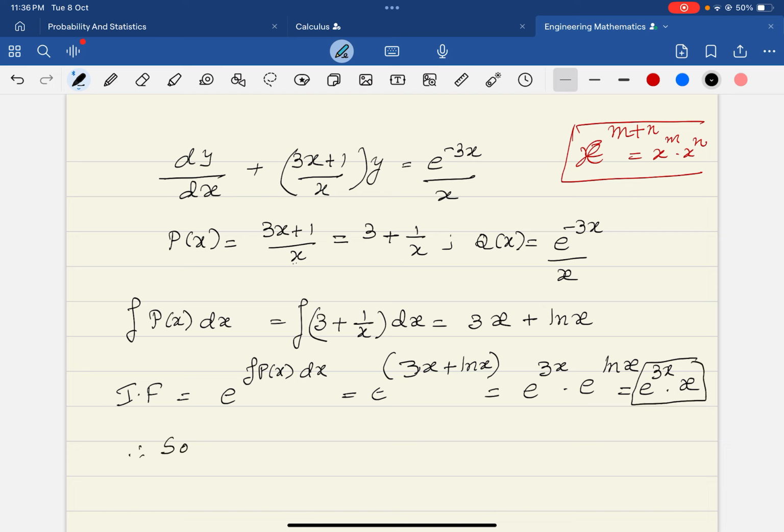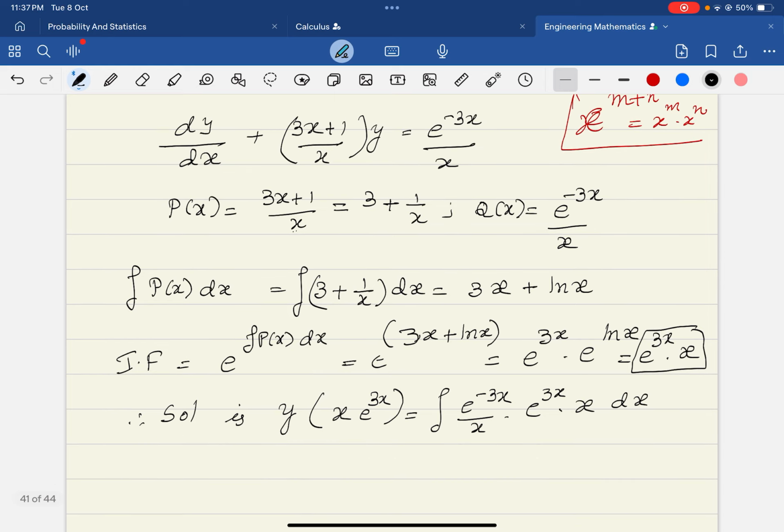Therefore, what is the solution now? The general solution is y times the integrating factor, x e raised to 3x, is equal to the integral of q, which is e raised to minus 3x over x, times the integrating factor e raised to 3x into x dx. Now let us observe here.